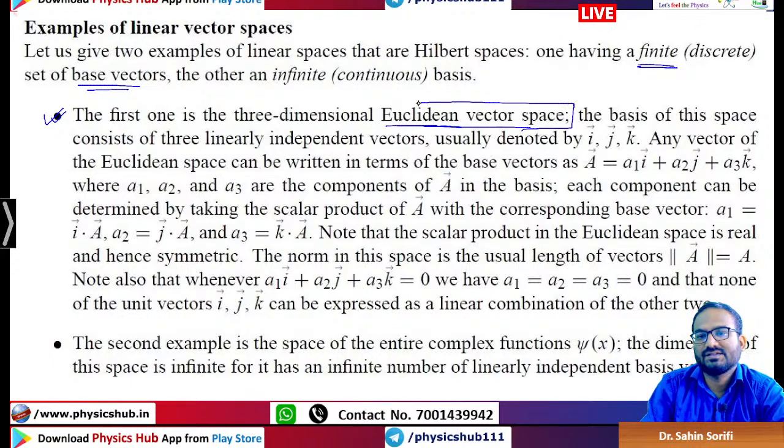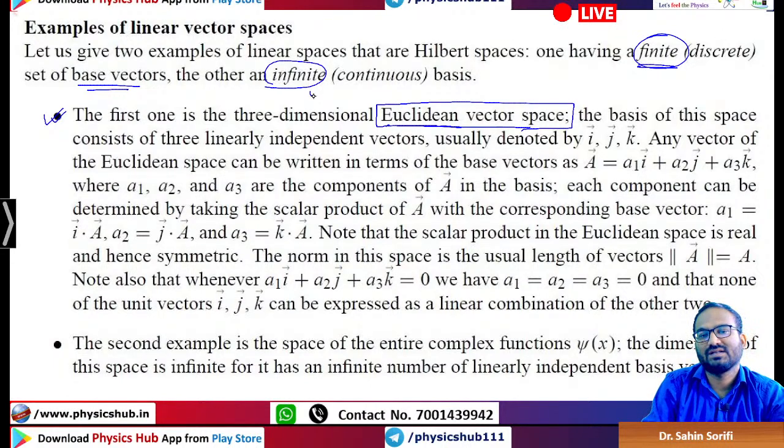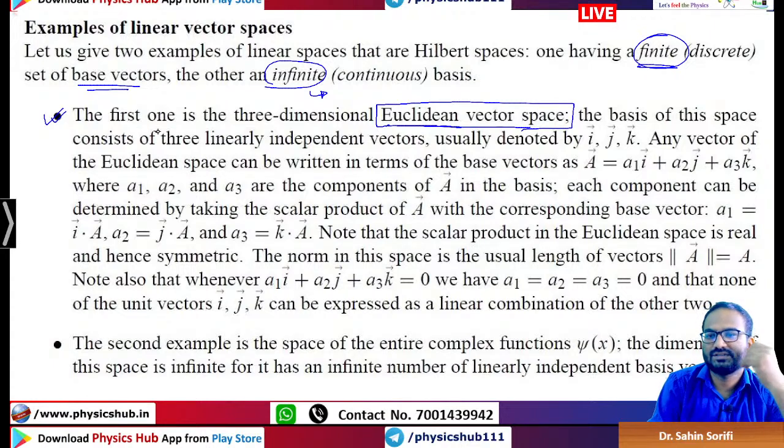You know it has three base vectors i cap, j cap, k cap. So this is finite, or it may be infinite or continuous basis. For a finite basis you can count the number of basis vectors, like i cap, j cap, k cap; it is 3. But for other vectors, that is infinite or continuous basis. Mainly the first one is generally used.